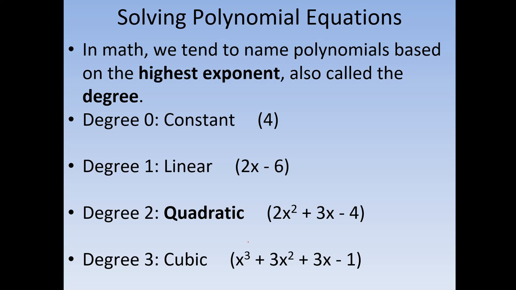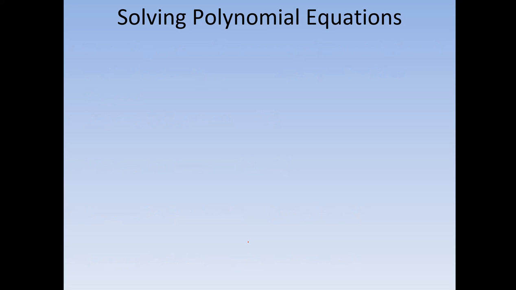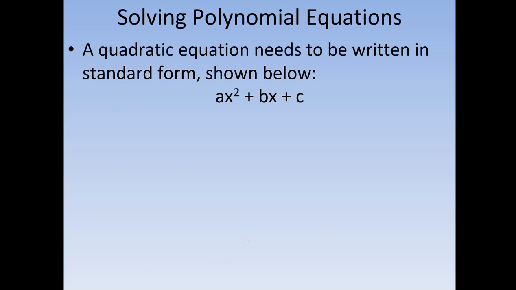All right. So like I said, we're going to focus mainly on solving quadratics. Now, as you should know, quadratic equations or quadratic expressions are always written in this form: ax squared plus bx plus c. So anytime we have a quadratic, we're going to want to rewrite it into this standard form.